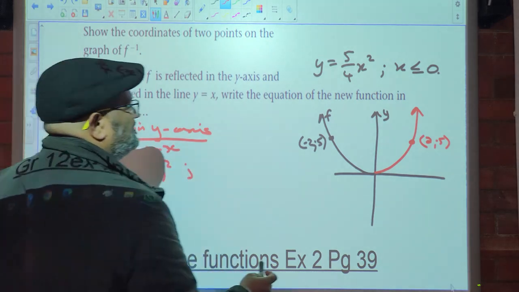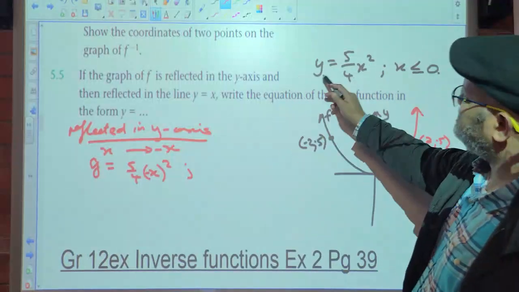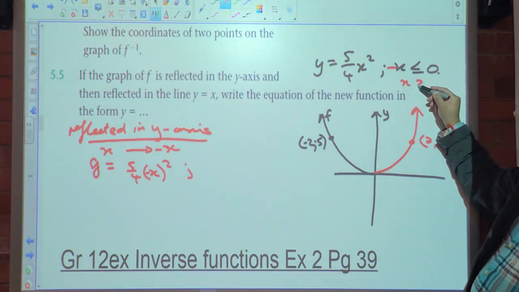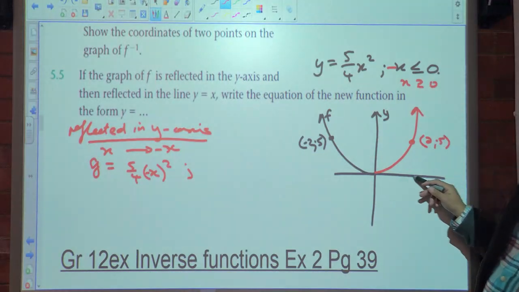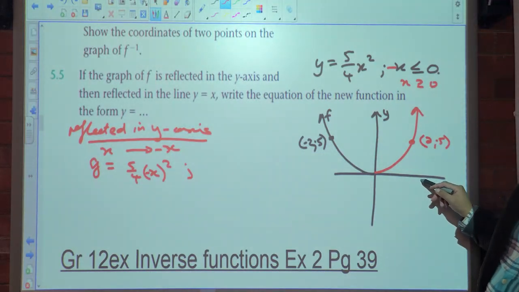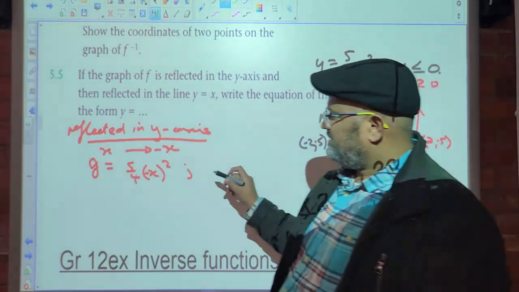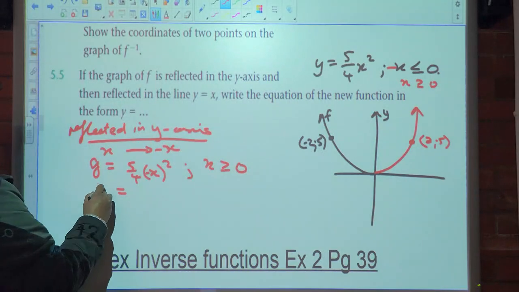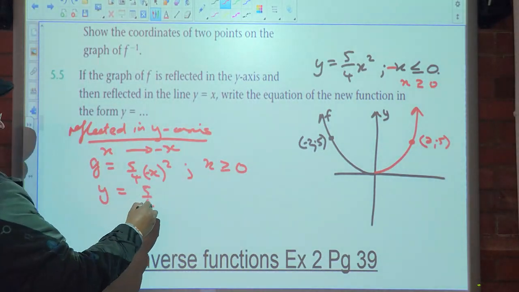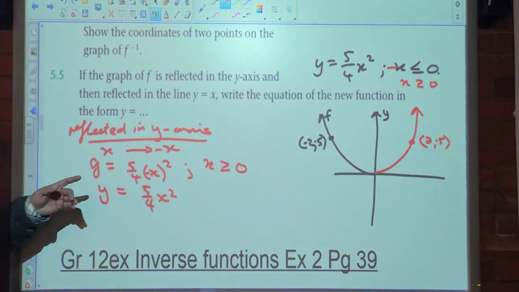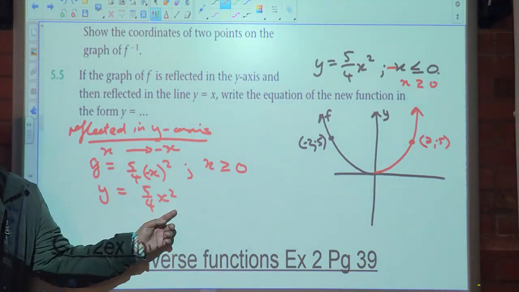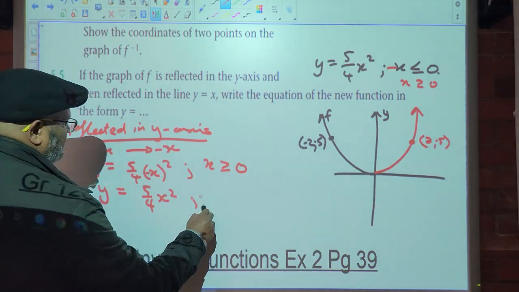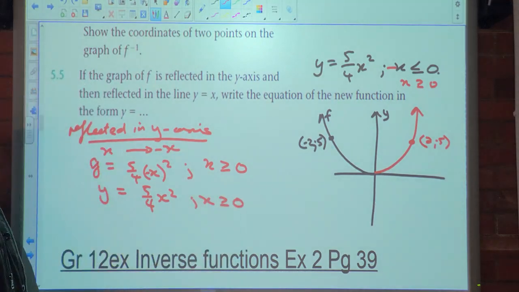But remember, if x becomes negative, that must also become negative for the restriction. Not so? Divide by negative both sides. x must now be more than or equal to 0, which confirms this here. Okay? So x is more than or equal to 0. So the equation now reads y is equal to 5 over 4x squared. Why? So negative x all squared remains positive x squared. Okay? And this is for x is greater than or equal to 0.